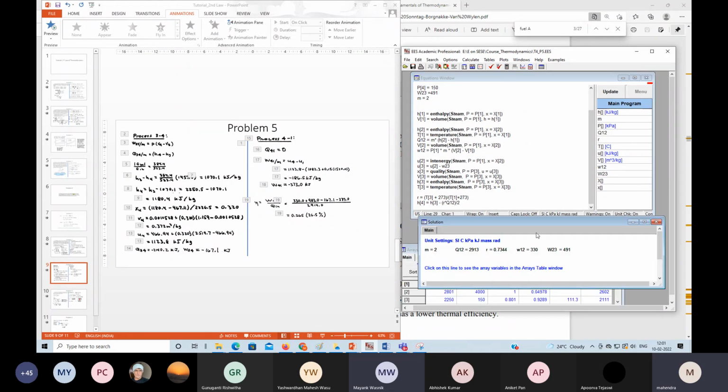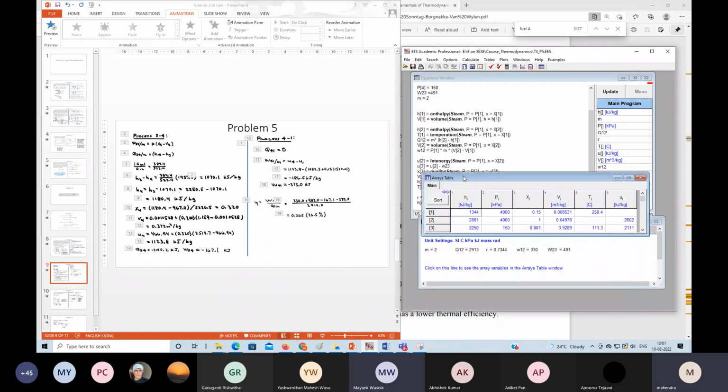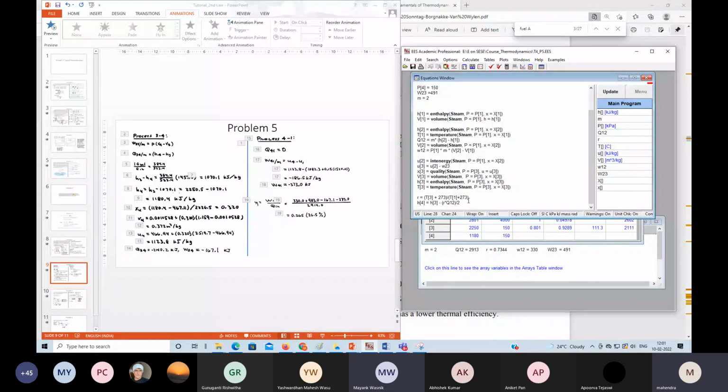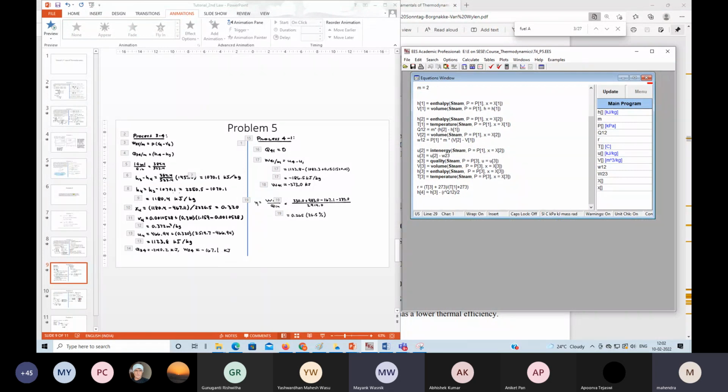Okay. And now H4 also we have obtained. Where is H4? H4 is 1180. Yeah, H4 1180. Okay. Fine. Now, in the same way, you can calculate V4 also. Okay. Then efficiency obviously equal to 1 minus, anyhow R also you can use.